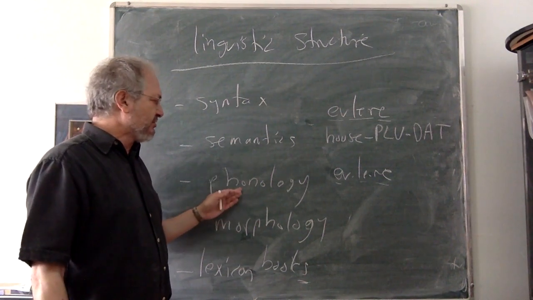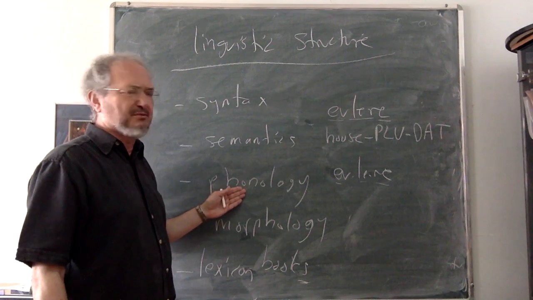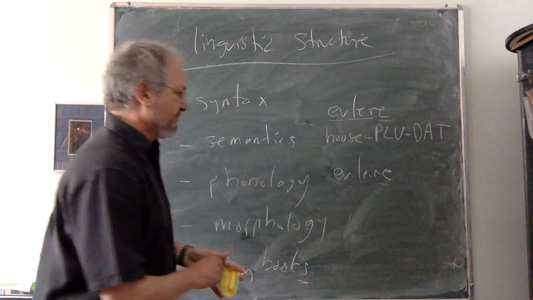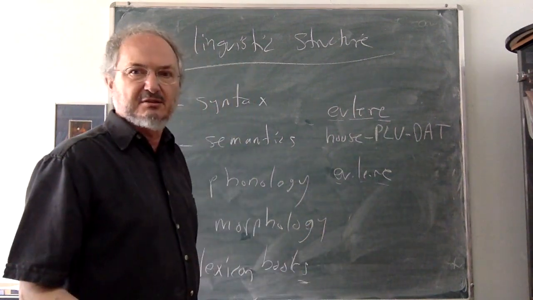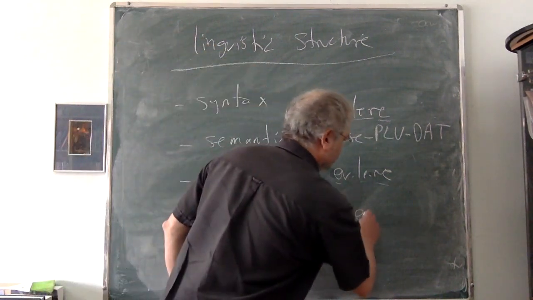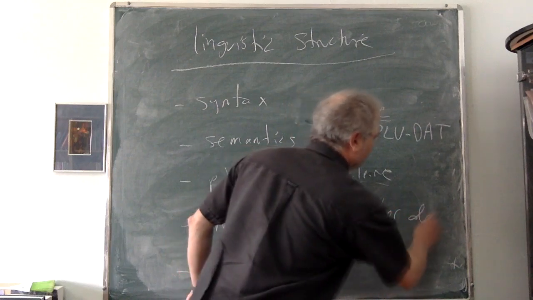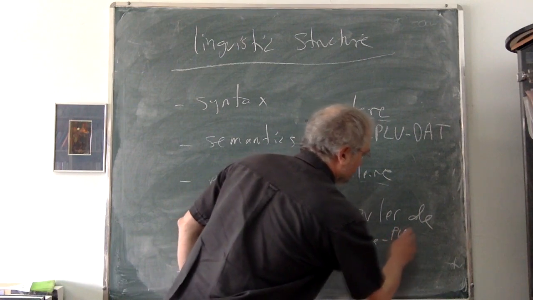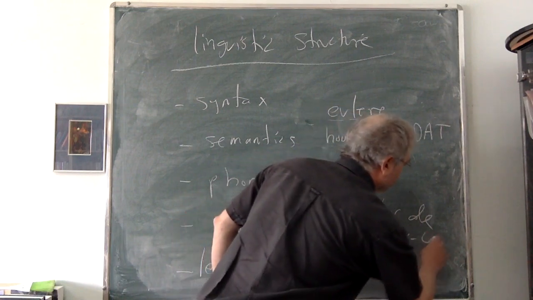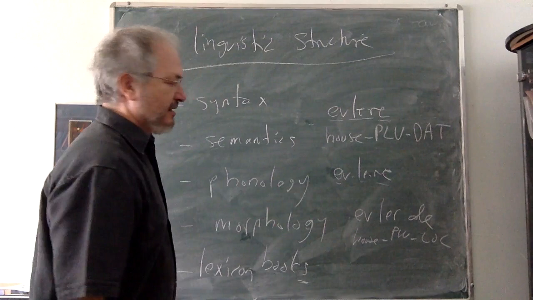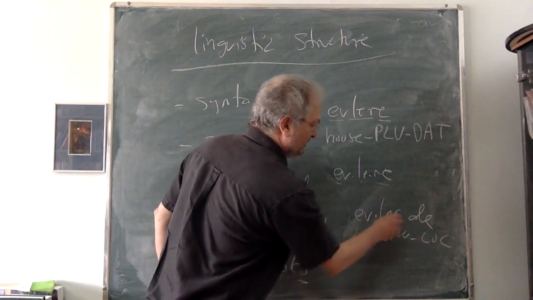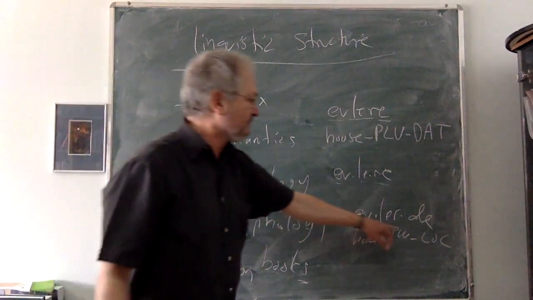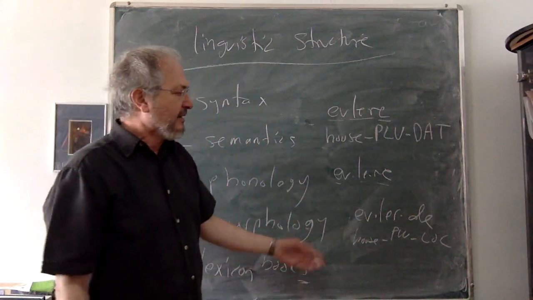So instead of saying, well, only in certain cases they don't overlap, in many cases they do, and doing the same thing, like, well, phonology is 90% morphology, because after all, there are cases where the morphemes and the syllables overlap. So if you say evlerde, this is house, plural, and locative. And if you look at the syllables, they are just like the morpheme boundaries.